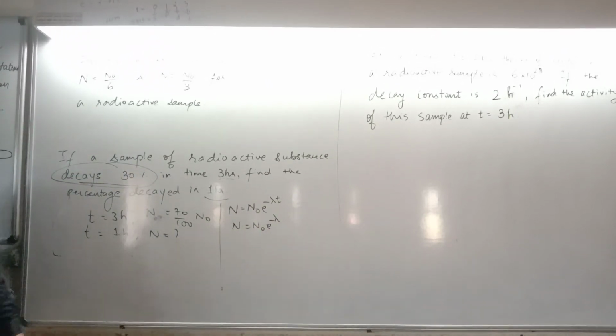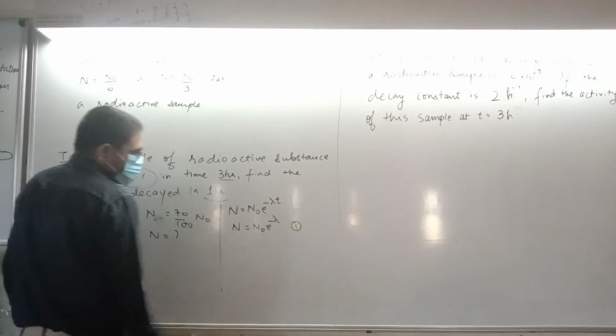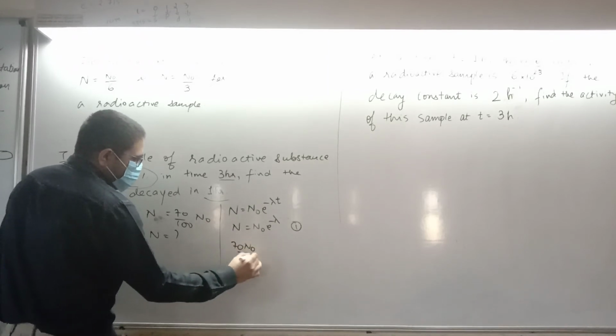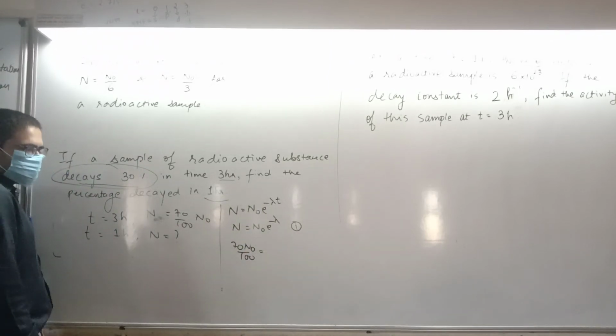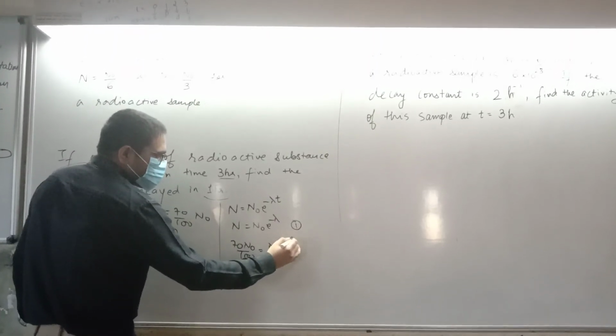Clear? Second equation: 70 n0 by 100 is equal to n0 e raised to minus 3 lambda. Understood?